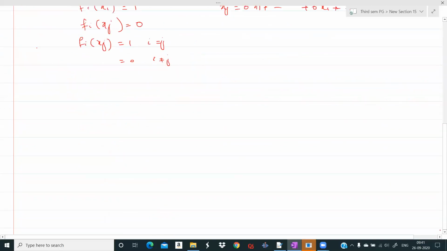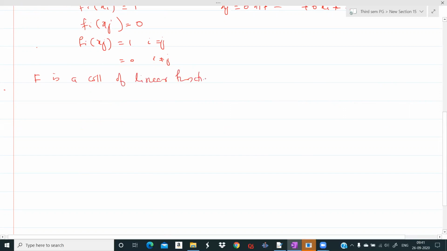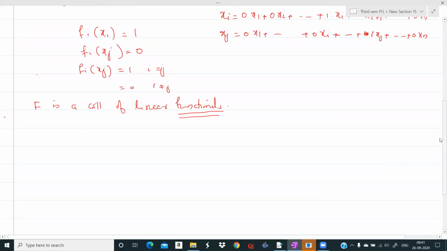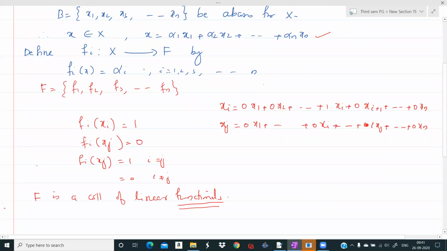Now these are n functions. Now we can show that this capital F is a collection of linear functionals, of which 50% is already done. The members of capital F are functionals because they are functions from X to capital F, the scalar field.